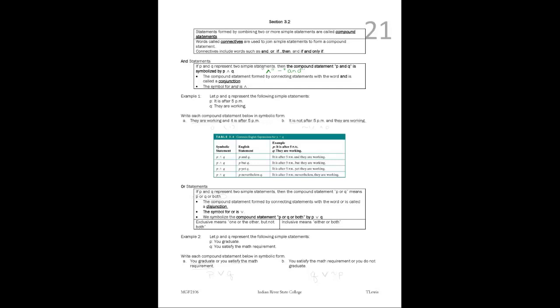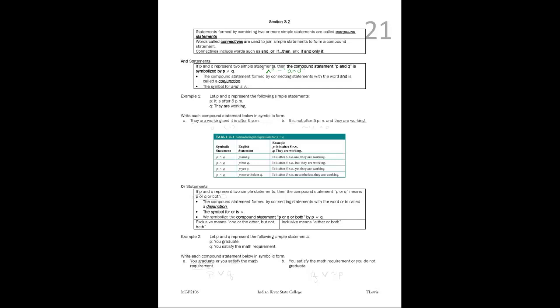Okay. So it says here, let P and Q represent the following statements. P states it is after 5 p.m. and Q states they are working. Write each compound statement below in symbolic form.